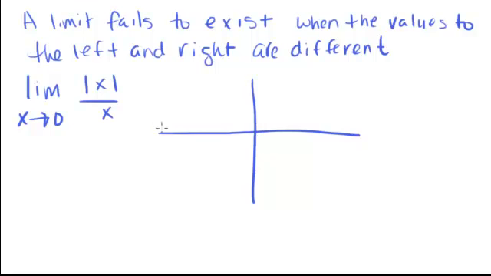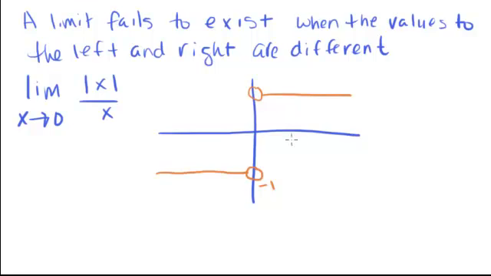So these end up being negative numbers on the left because this will always cancel out. So what it ends up looking like is I have a hole here at 0, and it's a line coming up. And then if I were to plug in positive numbers like 1, absolute value of 1 over 1 is just 1, I'm going to find that it's going to look like this to the right.